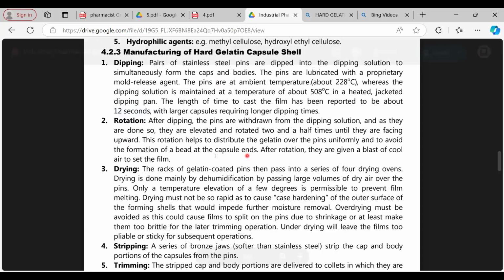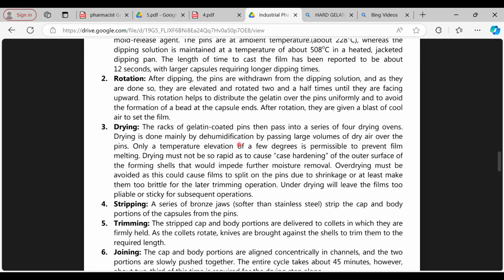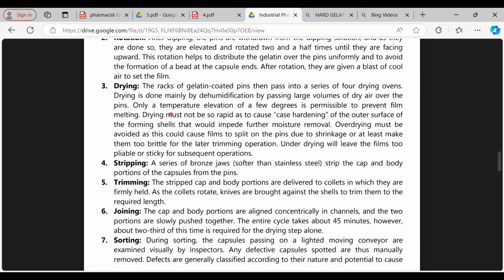Pins are at 22 degrees centigrade and gelatin is at 50 degrees centigrade. That's the important thing. Next, rotating is simple, no need to focus on it. Drying, we are just using certain ovens to dry, right? And stripping, what's happening? It's being stripped using bronze jars, softer than stainless steel. And then we have trimming, right?